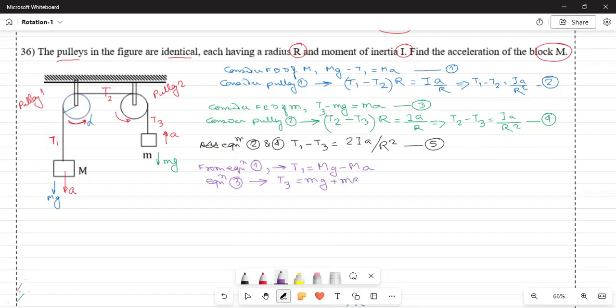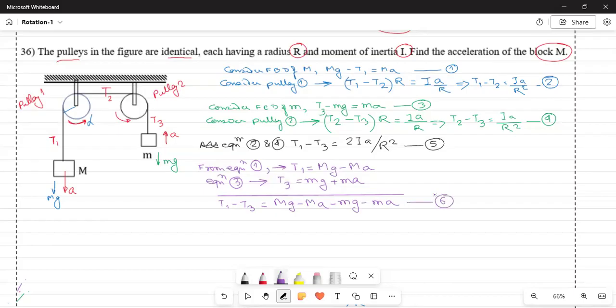Now from these two equations we can get another value of T1 minus T3. So T1 minus T3 is equal to capital Mg minus capital Ma minus small mg minus small ma. Let's say this is equation 6.